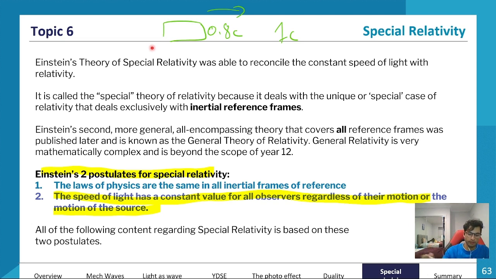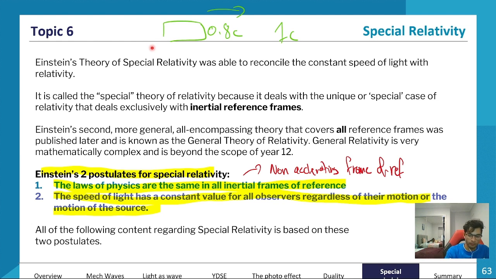The next thing is that, like I said before, the laws of physics are the same in all inertial or non-accelerating frames of reference. The reason why we say non-accelerating is because when things start to accelerate, that's called a non-inertial frame of reference.